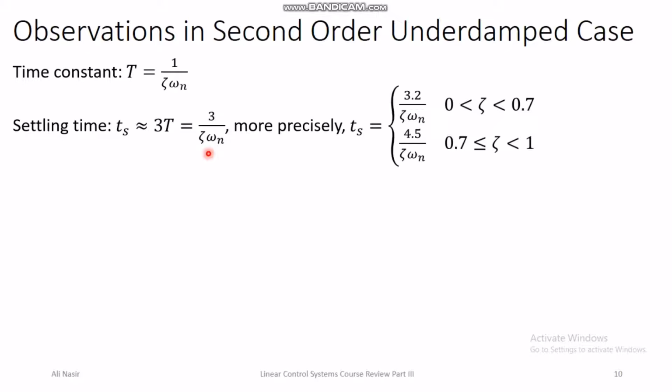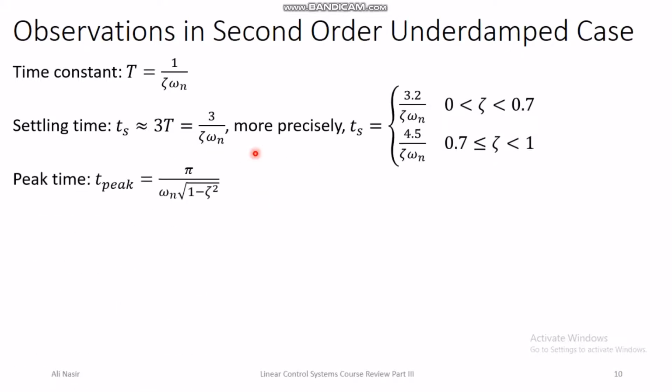Same is the case for second order systems. More precisely, when zeta is between 0 and 0.7, the settling time is 3.2 over zeta omega n, and when zeta is between 0.7 and 1, the settling time is 4.5 over zeta omega n. Note that this formula is applicable only for underdamped systems.